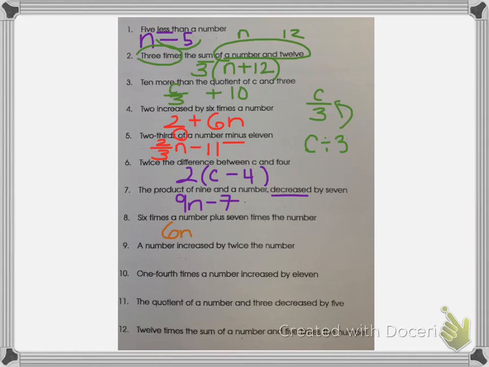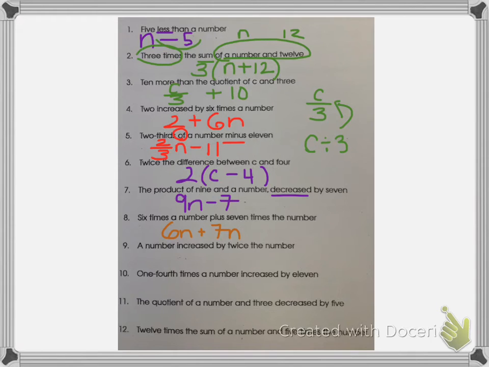So much faster for me. 6 times a number plus 7, and then times the number, basically the same thing. Put the number there, right near. Boom. Now, they are like terms. I could actually combine them, 6 and 7 is 13, and write 13n, but it didn't say 13n. It said 6 times a number plus 7 times the number. I leave it like that and move on to the next one.